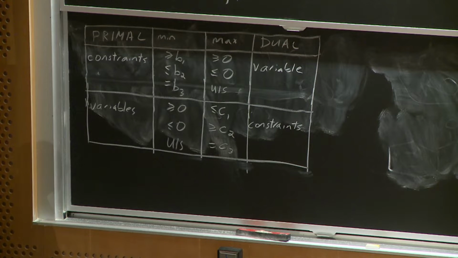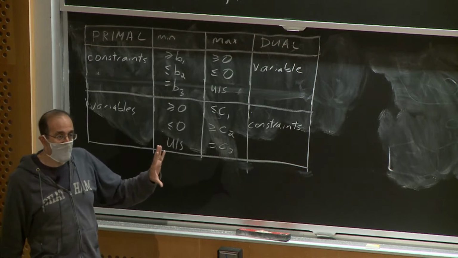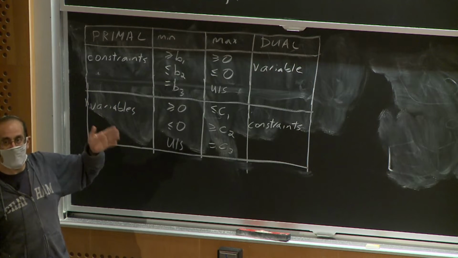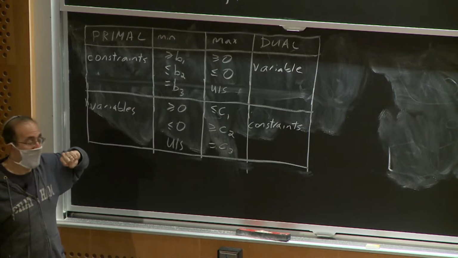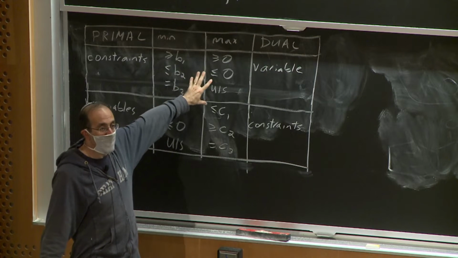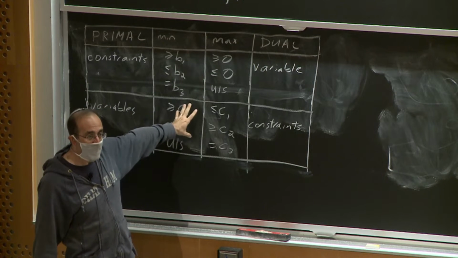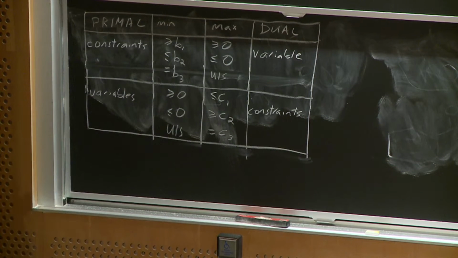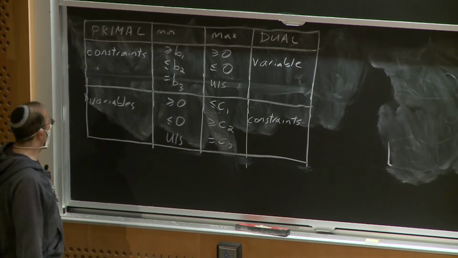Okay, so you still have to do the work of looking at the matrix and figuring out how to write constraints that correspond to columns now instead of constraints that correspond to rows. But this tells you about the direction of the inequalities. Okay, and it makes sense once you've thought about it for a little while, right?